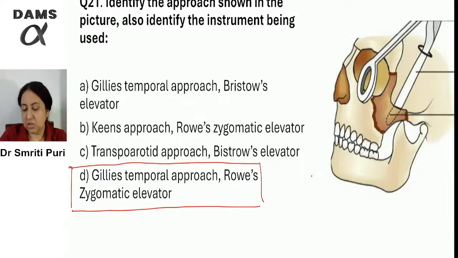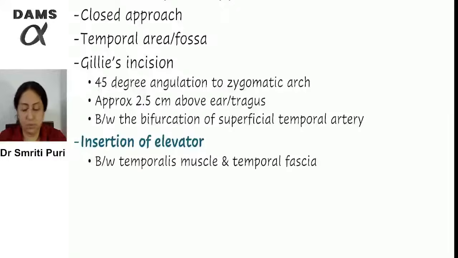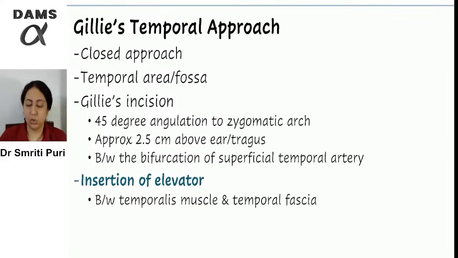I will just now tell you the difference between Bristow's elevator and Rose zygomatic elevator. I have told you this many a time. So Gillies temporal approach is a closed approach.